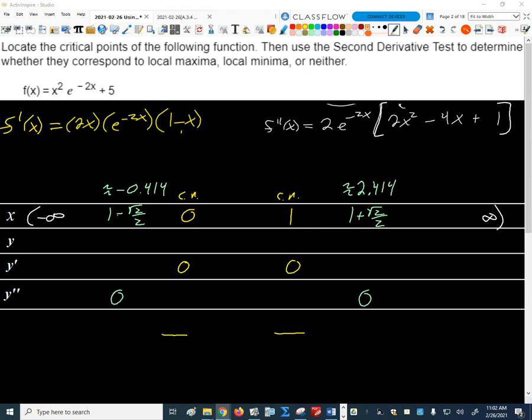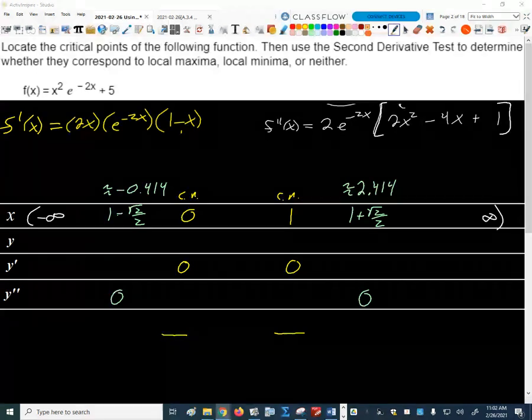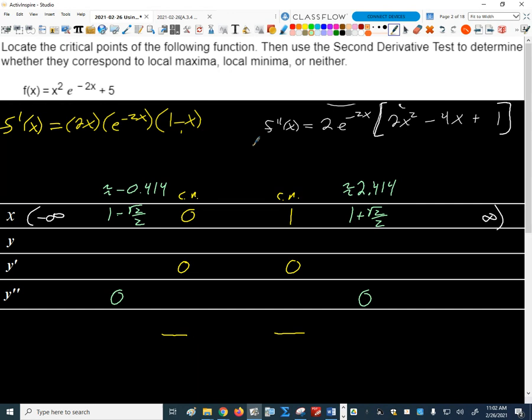Perfect. We'll use the second derivative test. Good. So we'll evaluate the sign of the second derivative at our critical numbers. Good. So here's our second derivative. So we get f double prime of 0. Okay, that's an easy one, isn't it? That's going to give us, what is e to the 0? Everybody, show me, hold up fingers.